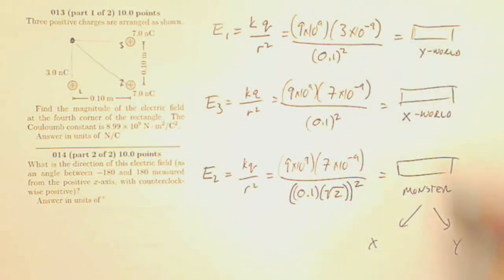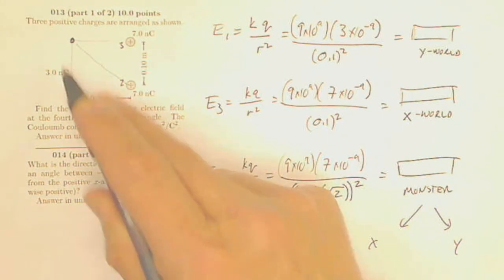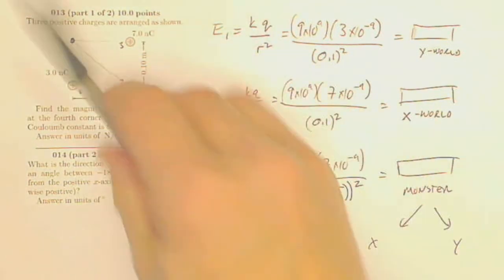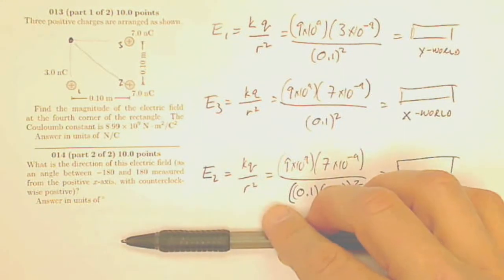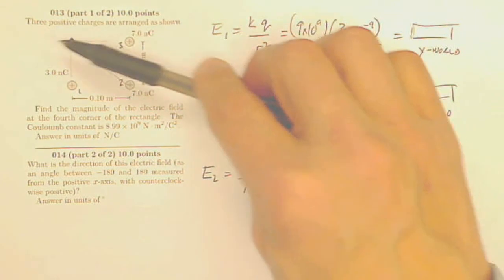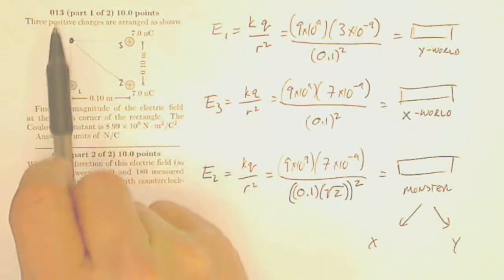Now I've got y world, so add those together. For me, they add together because this is a positive, that's a positive, and that's a positive. My x is to the left, this x is to the left, and this x is to the left. Both of these y's are up straight.